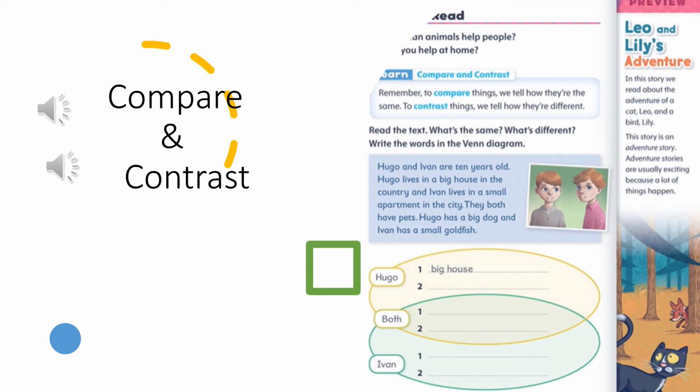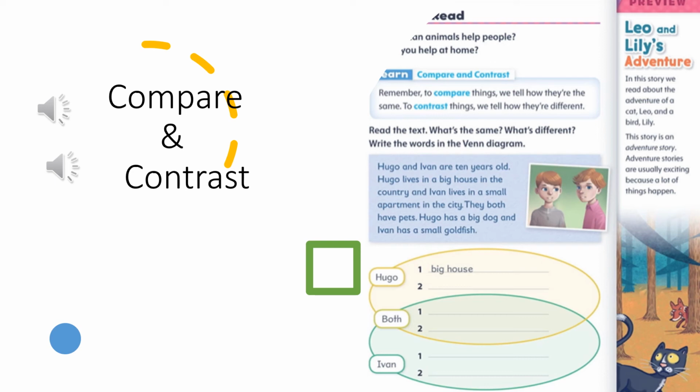So there's a text over here about the two boys, and you have to read the text first. What's the same, what's different, write the words in the Venn diagram.